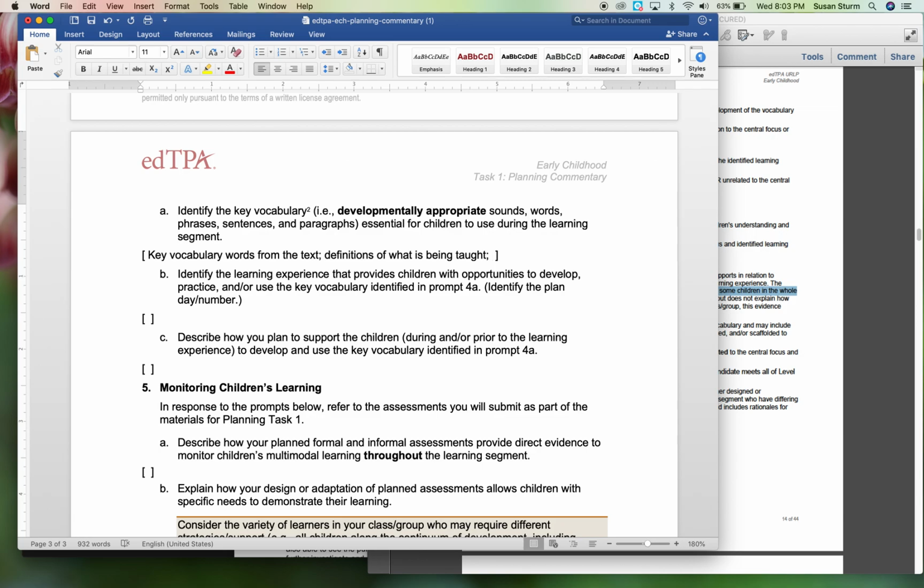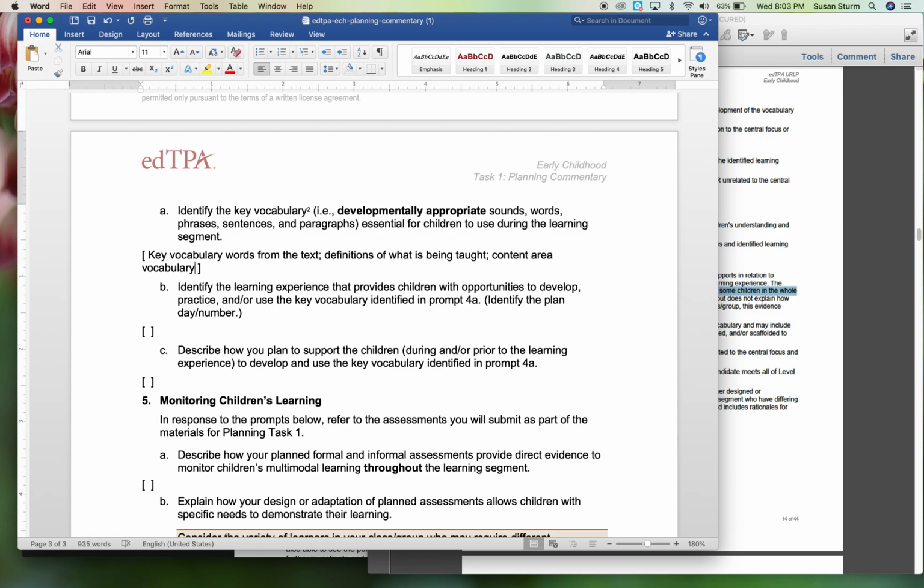If you have, this would be a good place for the content area vocabulary, and literally you are listing some of these vocabulary words. So you're not just going to say key vocabulary words from the text. You're going to put, for example, slippery, boom, gigantic.